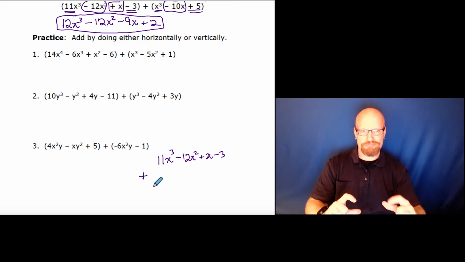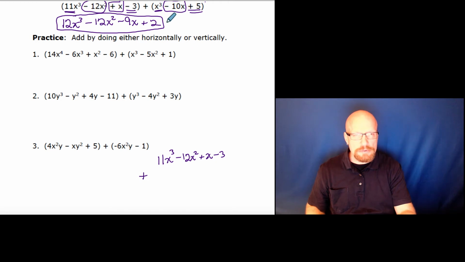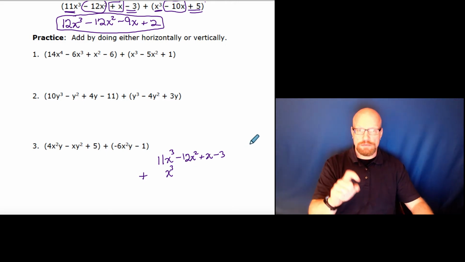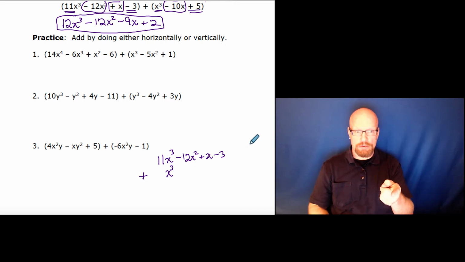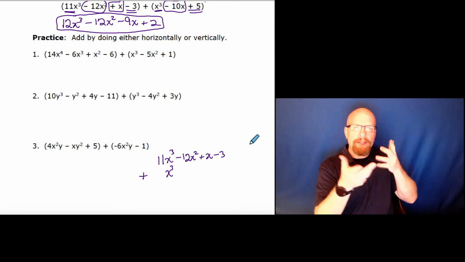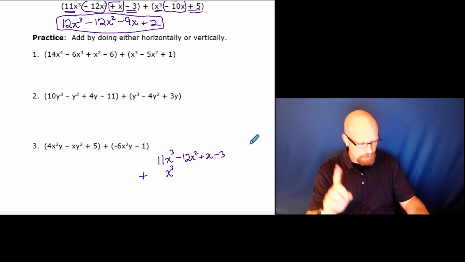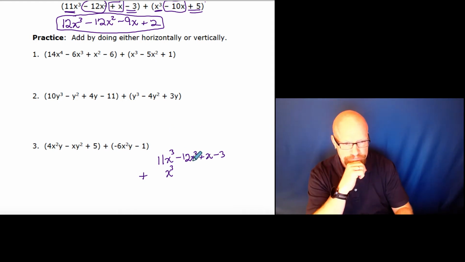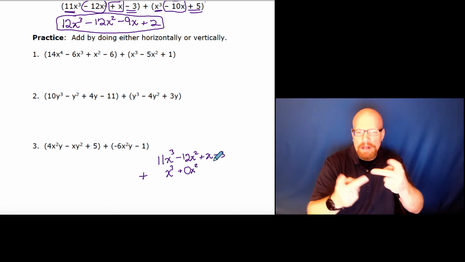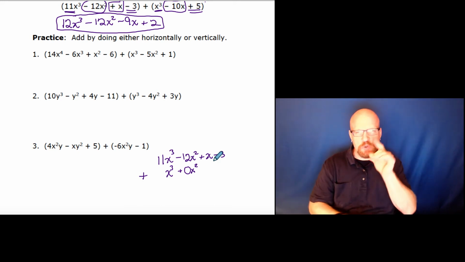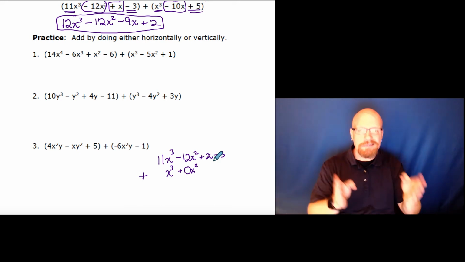We bring the second polynomial down. X cubed goes there. Now, we notice there are no x squared terms in the second polynomial, so we leave it blank. You can leave it blank, or you can put 0x squared if you want. It's a kind of placeholder to keep things in line. You don't have to do that. You can leave it blank and skip over it.